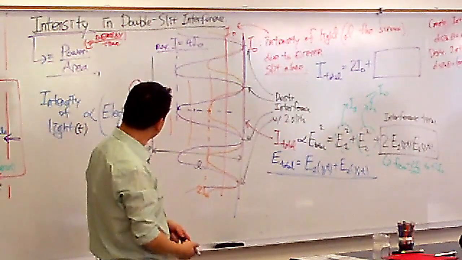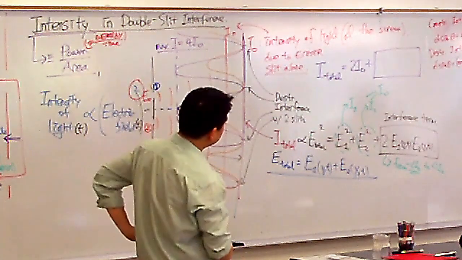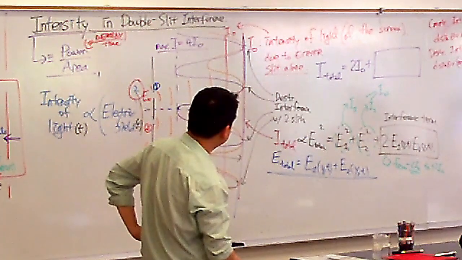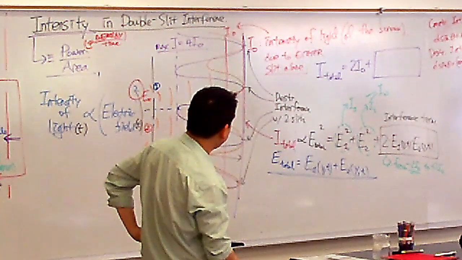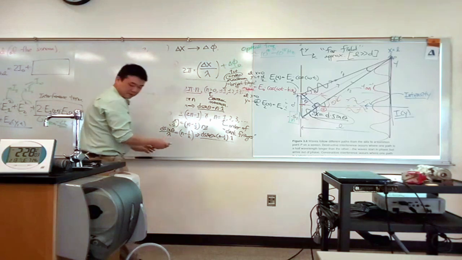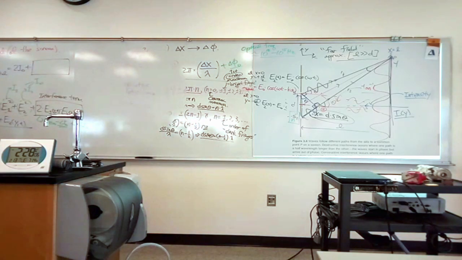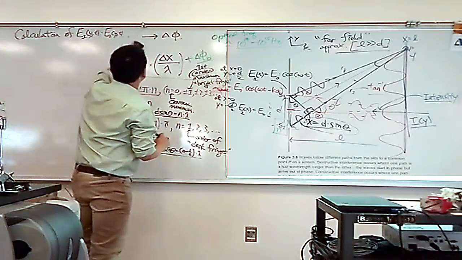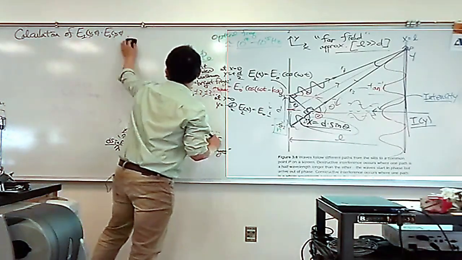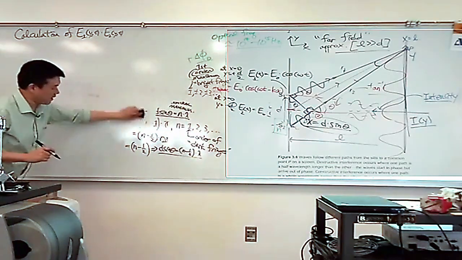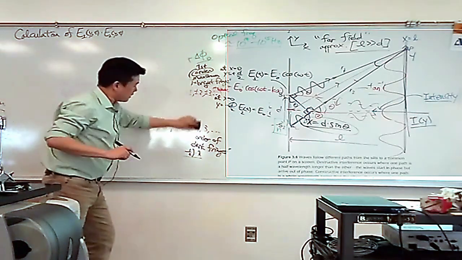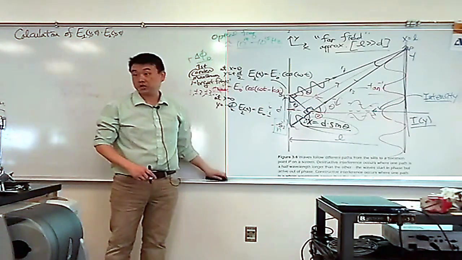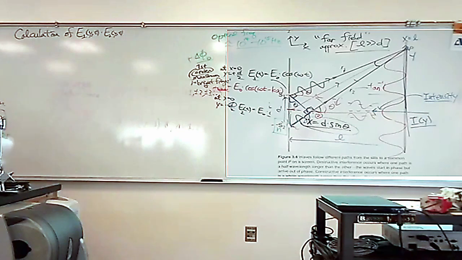All right, so let me set up some things to start talking about it. Let me call this calculation of E1, E2. And I want to be careful here because there are some simplifications I will need to make that mirror what we were discussing earlier qualitatively with the locations of bright fringes and dark fringes.